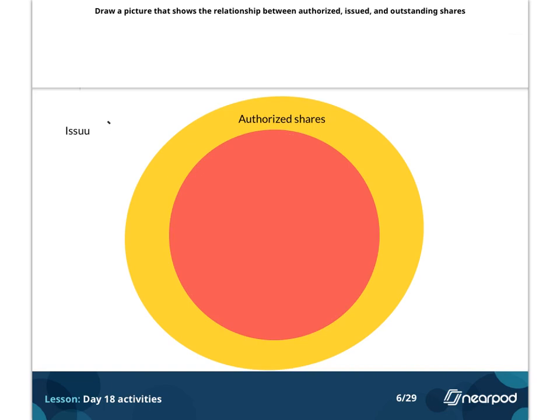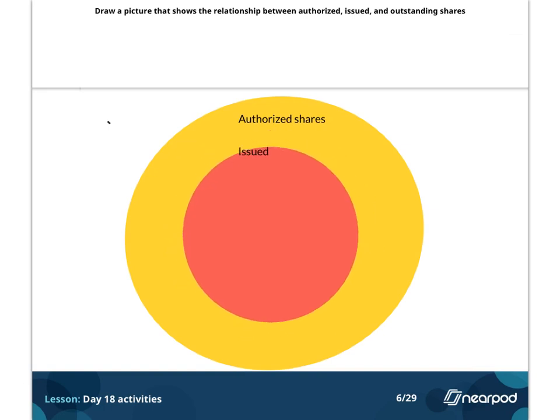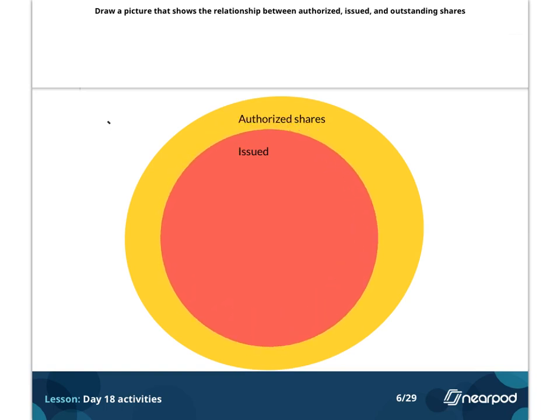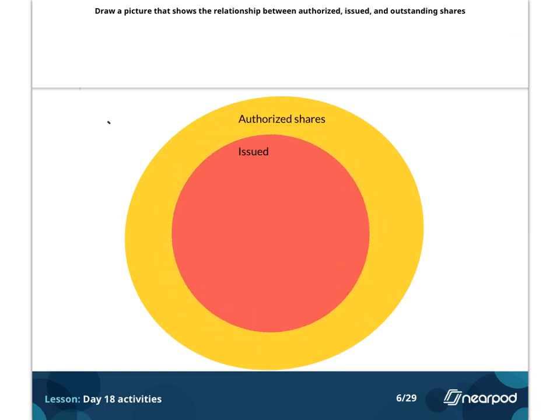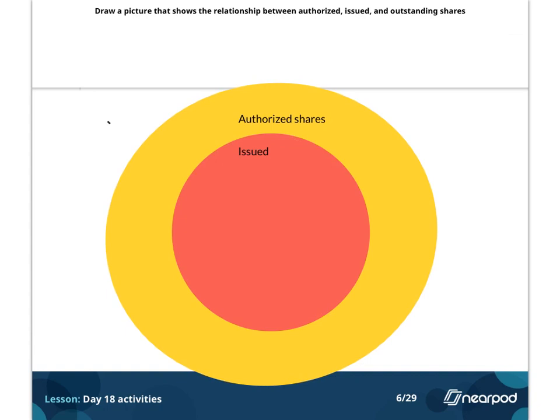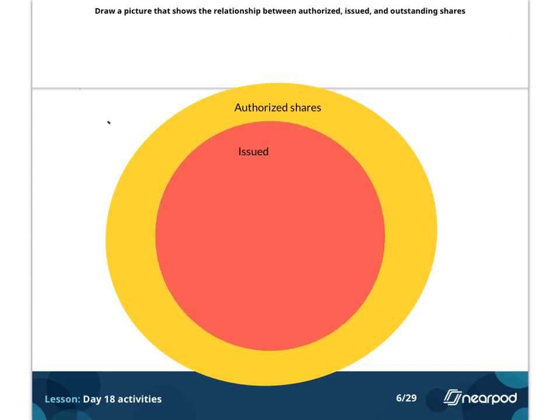You go to market and you say, I'm going to issue shares, going to sell shares to people outside of the company. And so that is the issued shares, and you can see it's a subset of the authorized shares, right? It's not all of the authorized shares. It could be ultimately, but usually not. Usually we're going to leave enough room so that with the authorized shares we have lots of flexibility. So that's my issued and authorized shares.